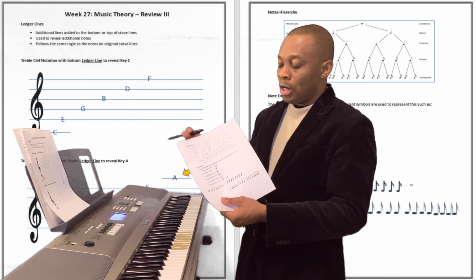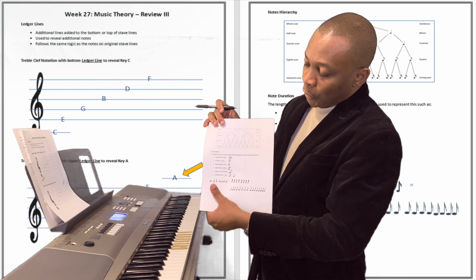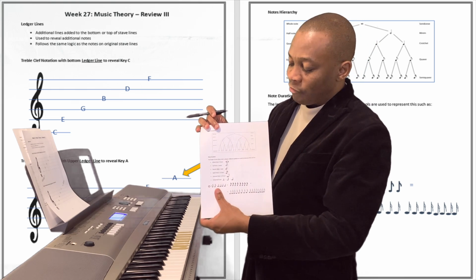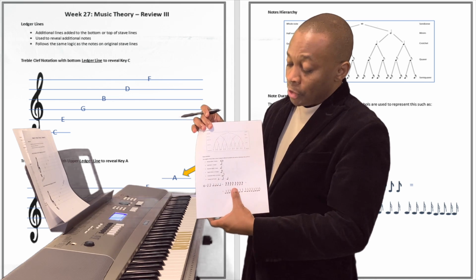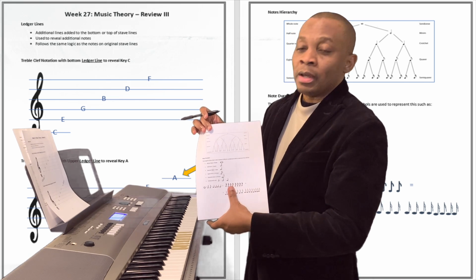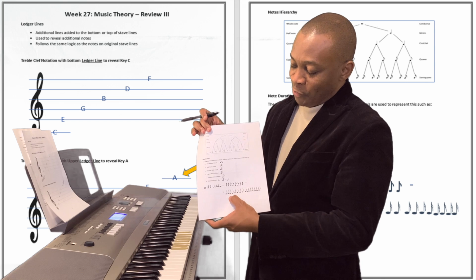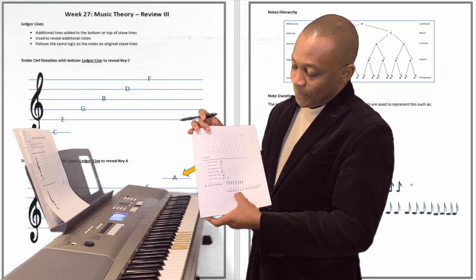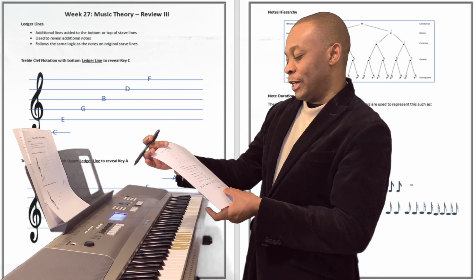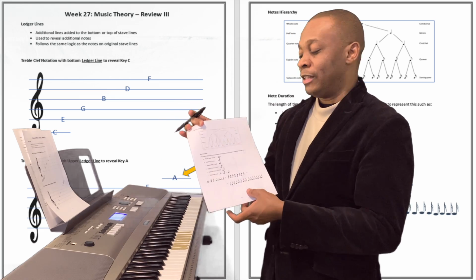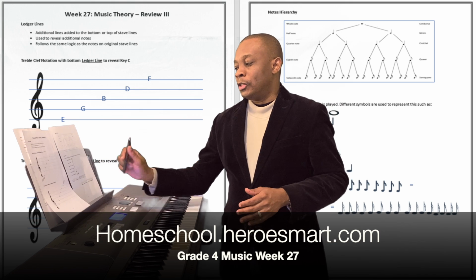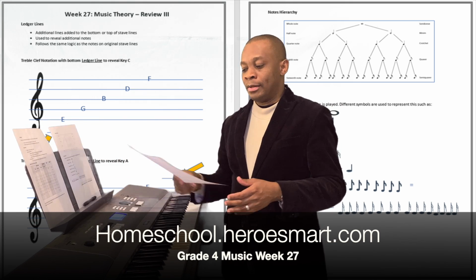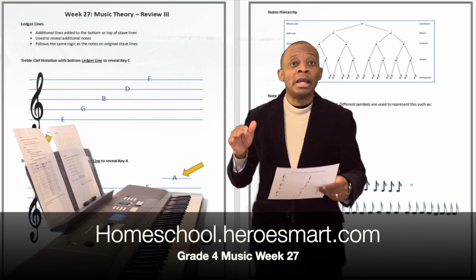So you can see all those details over there. A whole note is going to be equivalent to 2 half notes, which is equivalent to 4 quarter notes, which is going to be equivalent to 8 8th notes, which is going to be equivalent to 16 16th notes.